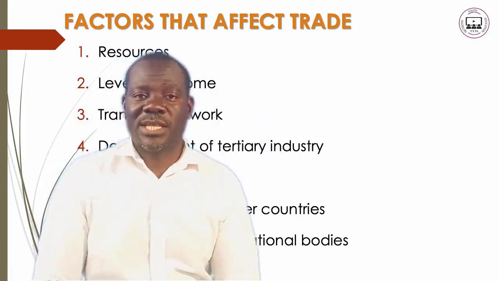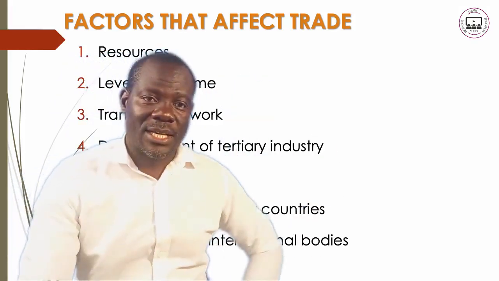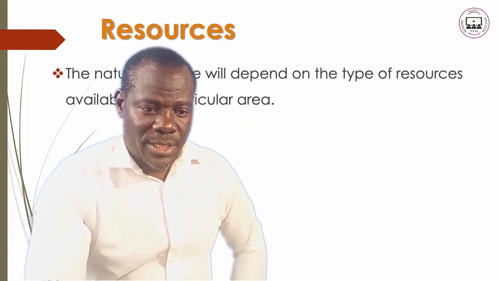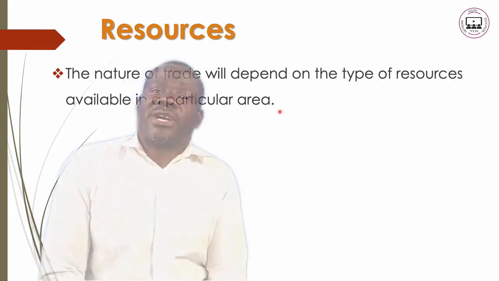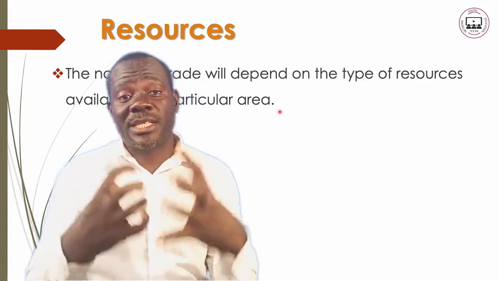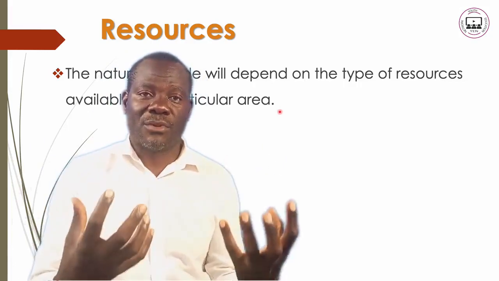Now, without wasting much time, let us start with the first one, that is resources. The nature of trade will depend on the type of resources available in a particular area. What type of resources are available?